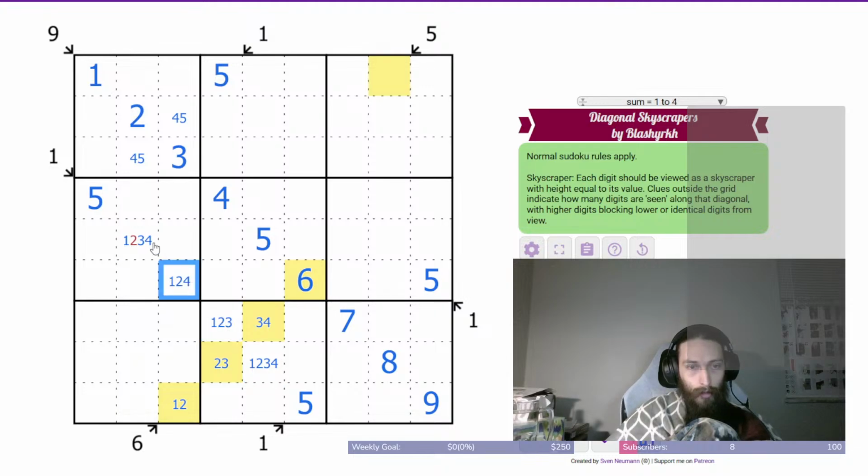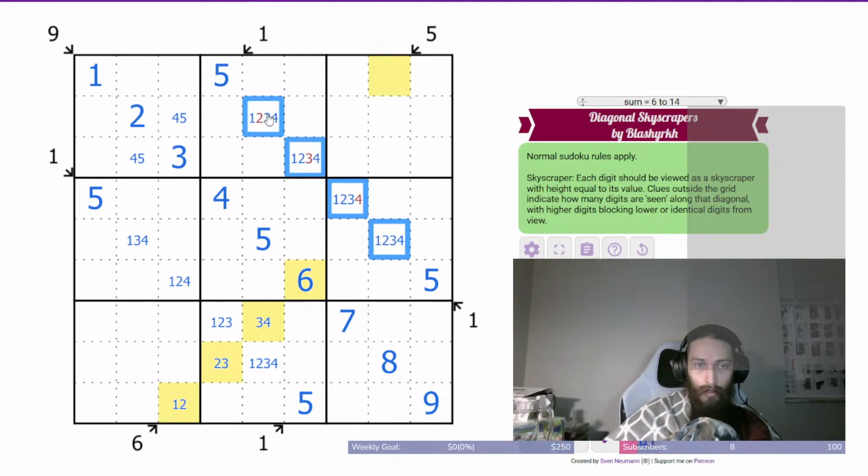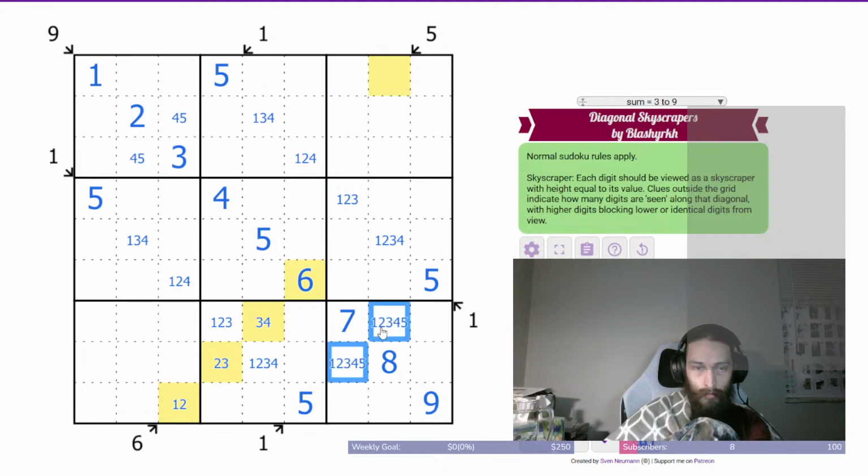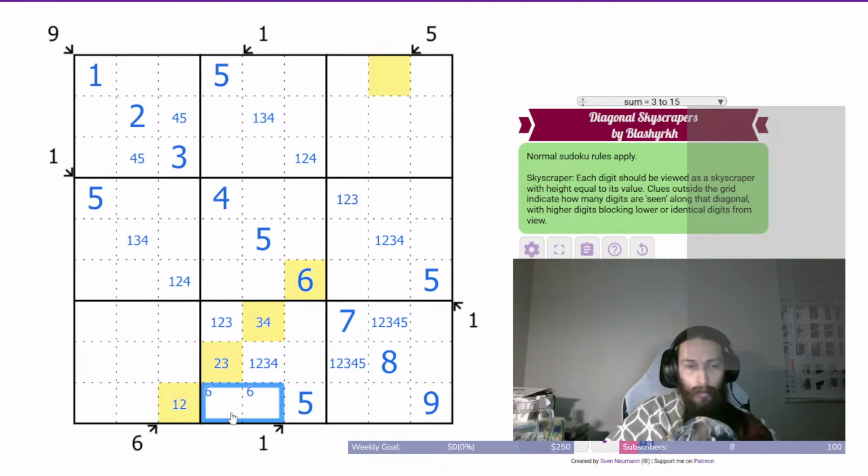Or that's not a 4, that's not a 3, and that's not a 2. These are all 1, 2, 3, 4, not 5s, because I see 5s. We've got 6 there, and 9 here.